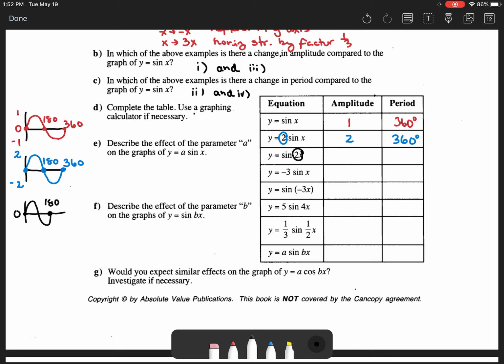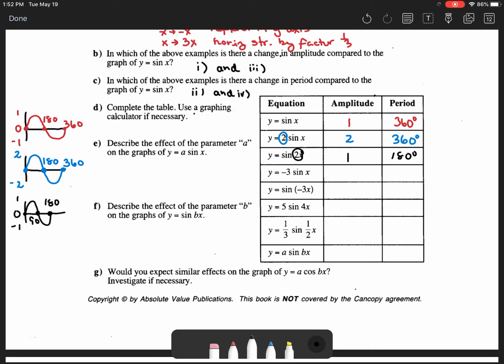The max and min values are still the same, but the x-intercepts would be cut in half. So the 360 would go to 180, the 180 would go to 90. The amplitude would still be 1, but the period length would now be 180 degrees, the horizontal distance it takes for the graph to do one cycle.